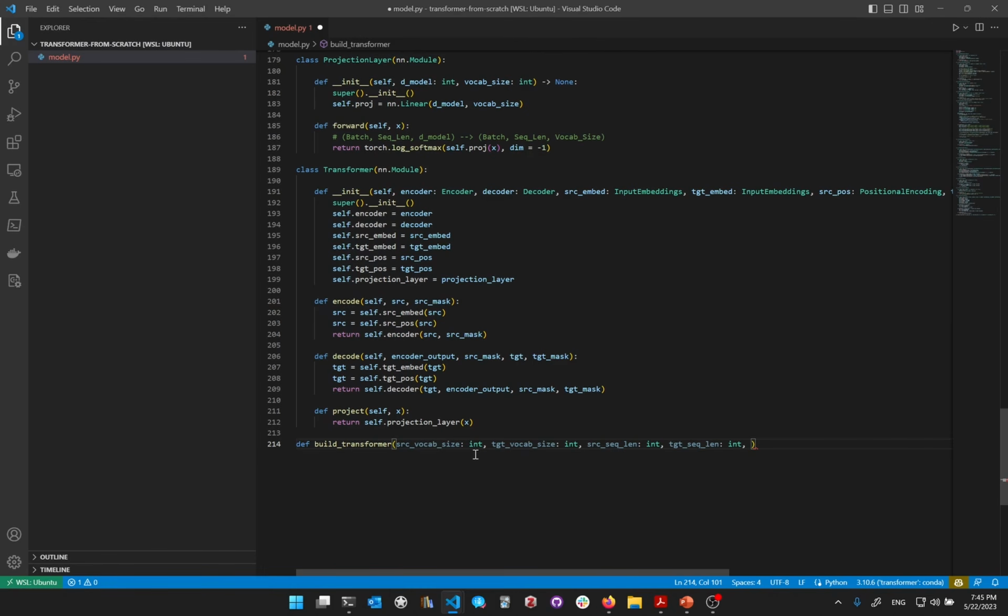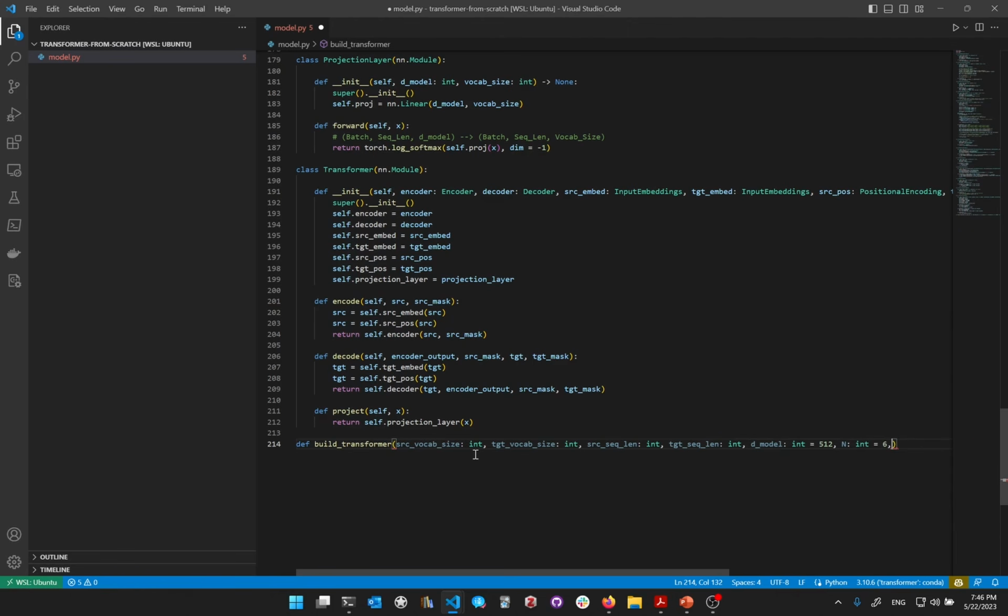The next hyperparameter is the D model, which we initialize with 512 because we want to keep the same values as the paper. Then we define the hyperparameter N, which is the number of layers. So the number of encoder blocks and the number of decoder blocks that we will be using is, according to the paper, 6.